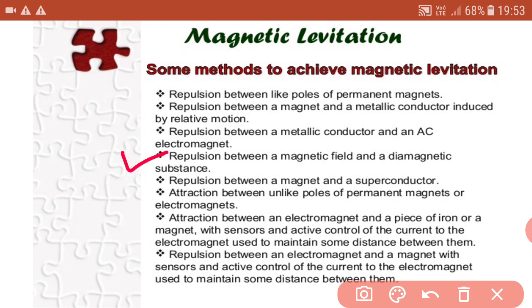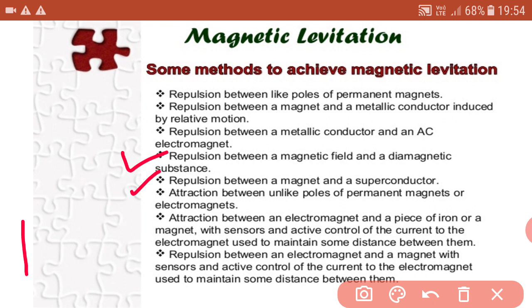Another case is repulsion between a magnetic field and a diamagnetic substance. If there is any diamagnetic substance and a magnetic field, there is repulsion between these two, and we can use this to achieve magnetic levitation.